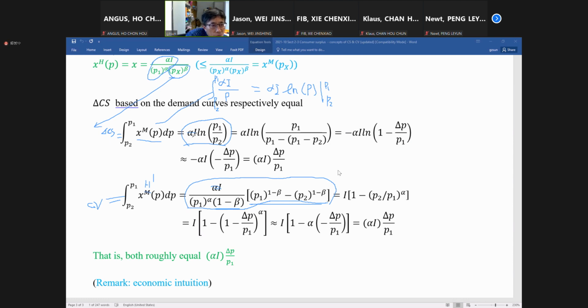And the difference is log P1 over P2 and this one. Clearly, this one is much more, let's see, ugly, much more complicated. And we want to show this number is actually pretty close to this number. And now, how to do that?